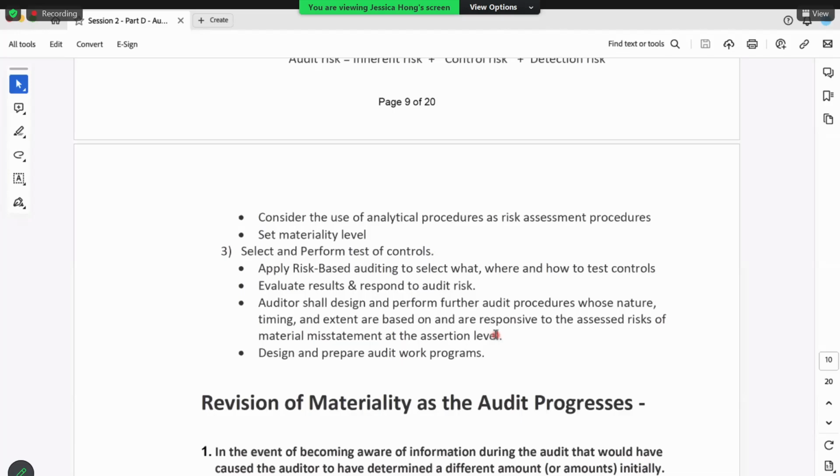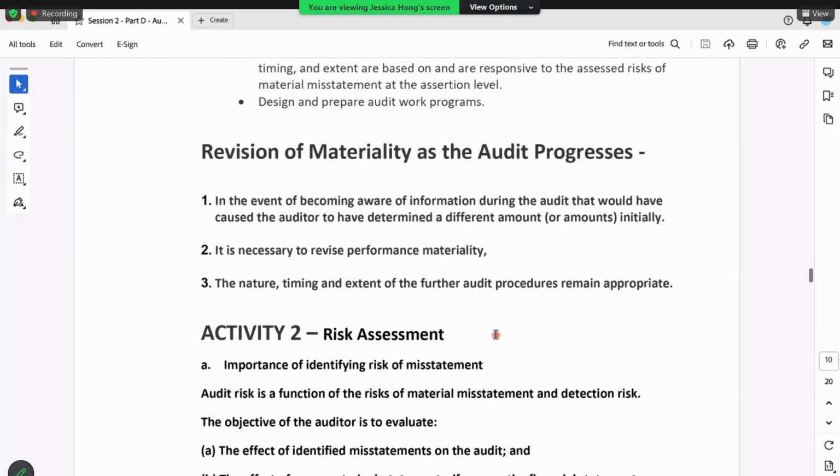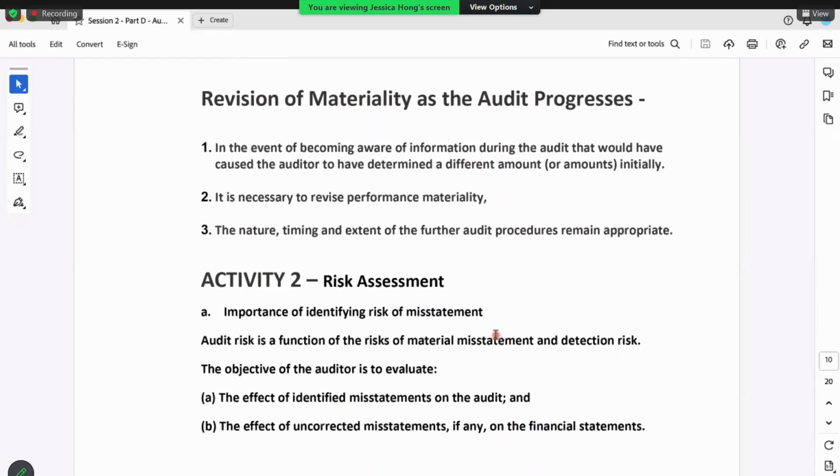Now, how many you need to do depends on the risk assessment completed during audit planning. Then you will design the audit work programs. Now, in the exam, they expect these audit procedures to be done manually. So they will ask you, what are the audit procedures? All right. Revision of materiality is expected during the whole audit progress.